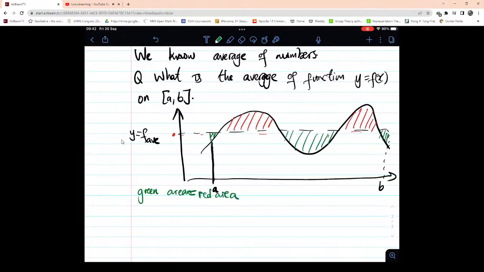So you even out the bottom part and the top part, and then you've got an average.